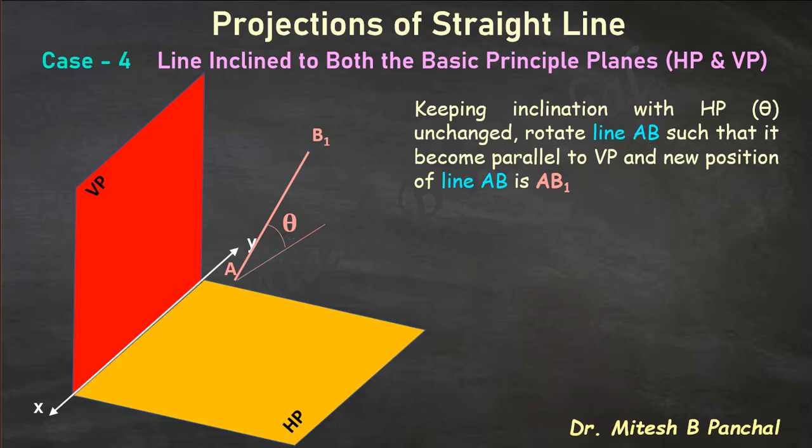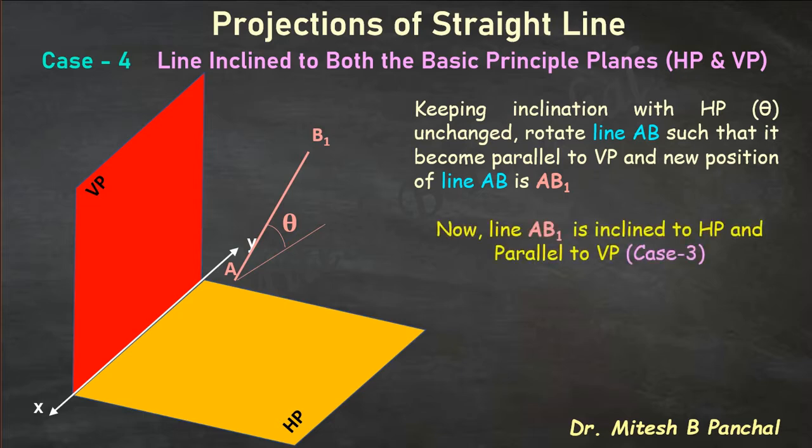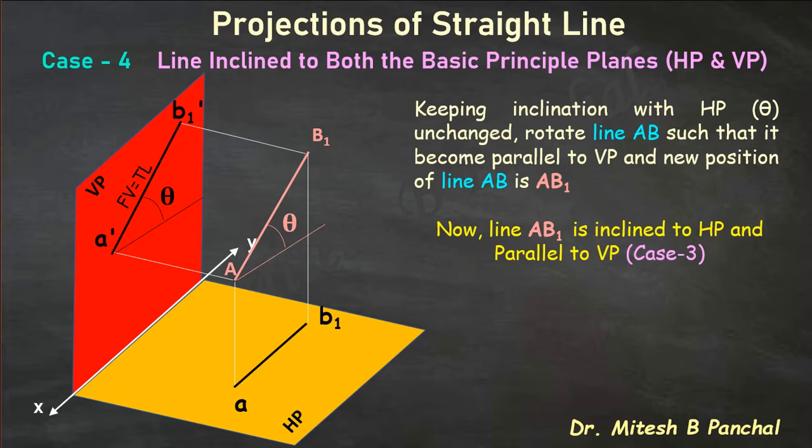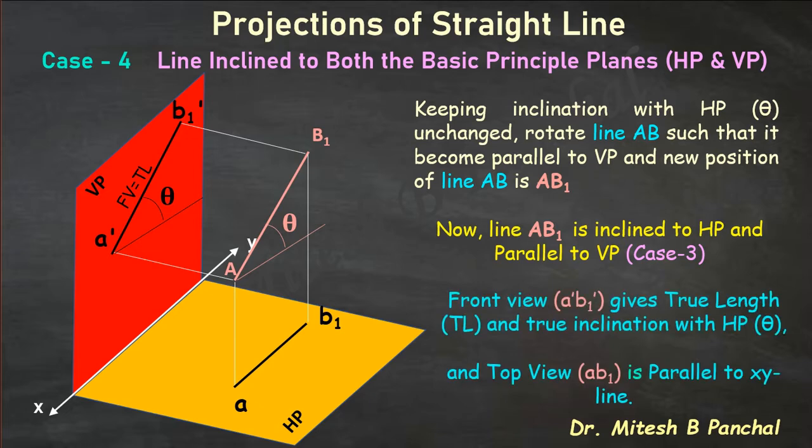So this case is nothing but the case 3, that is line inclined to HP and parallel to VP. The solution is already covered in the session for case 3, projections of straight line, that is line inclined with one of the basic principal planes and parallel to another. That solution is like this: front view gives true length and true inclination with HP and top view will be parallel to XY. So front view A dash B1 dash will give you true length and true inclination with HP, and top view, that is AB1, is parallel to XY.